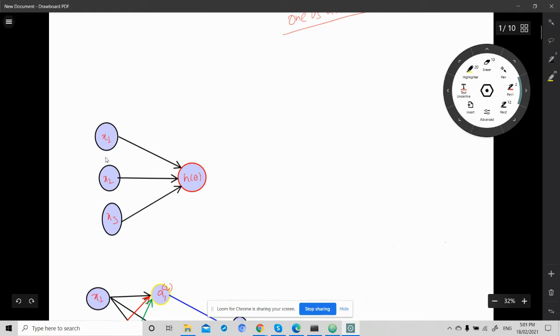Let's say we have three inputs x1, x2, x3, and we applied our activation function. Here we have used sigmoid as the activation function. In neural network terminology, we use a function called activation function.